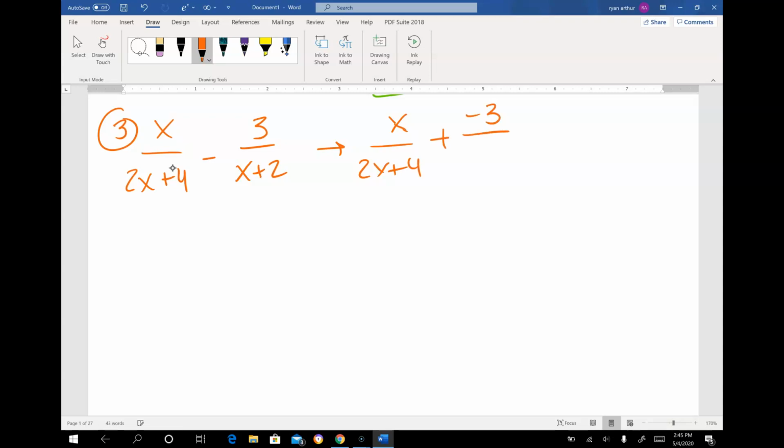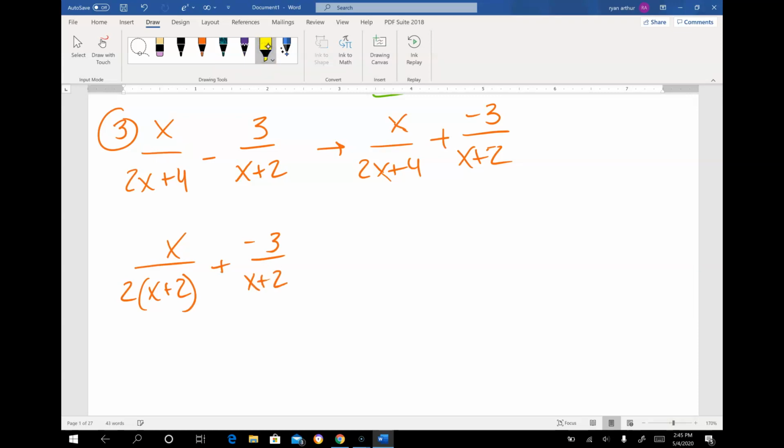I didn't have to distribute, but to one number there, over that. Okay? Now, factor the denominator. But the only denominator that can be factored is the left-hand side, and I can pull a 2 out. So I'm going to have x over, pull the 2 out, and it's going to be x plus 2, plus negative 3 over x plus 2.